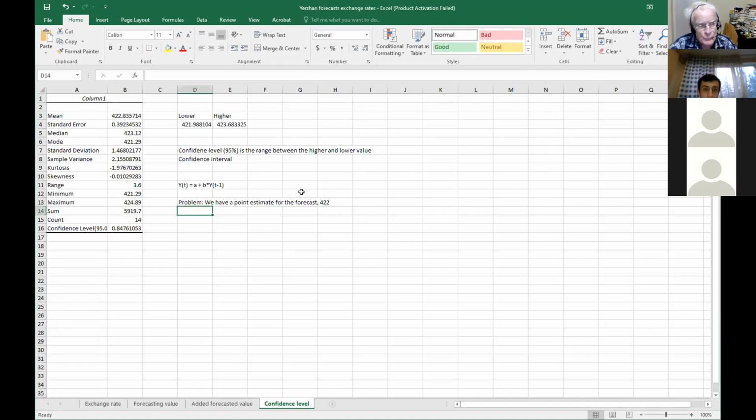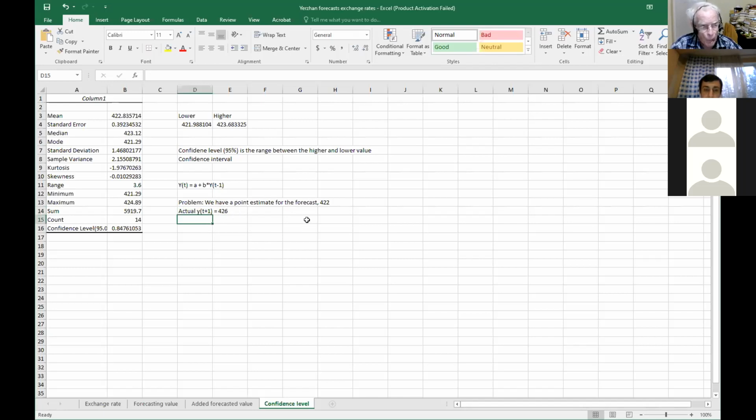But in a way, the pre-estimate does not give us very much information about the model. In this case, the actual exchange rate for today was 426. Now, how do we interpret that?